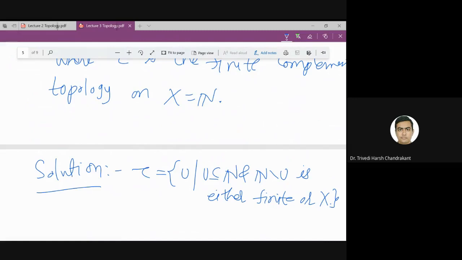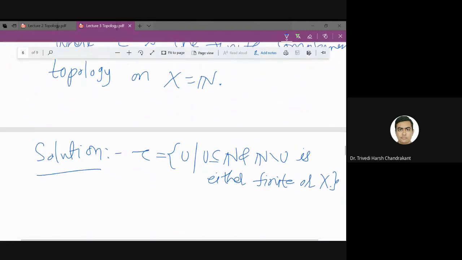I may keep negative marking, I may not, but guessing is not good. So first try to understand the question and then answer the question. That will help you to score well in the subject.